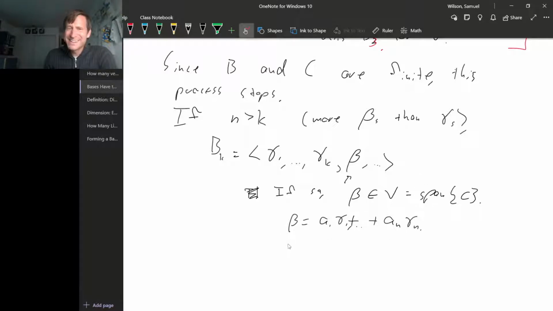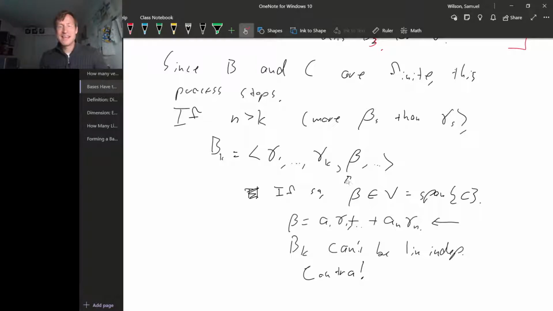But then this means that this set B sub k with the gammas and the beta can't be linearly independent, because we've written down a non-trivial linear dependence relationship. But that's a contradiction. So that means that n can't be bigger than k. So that means k has to be greater than or equal to n.